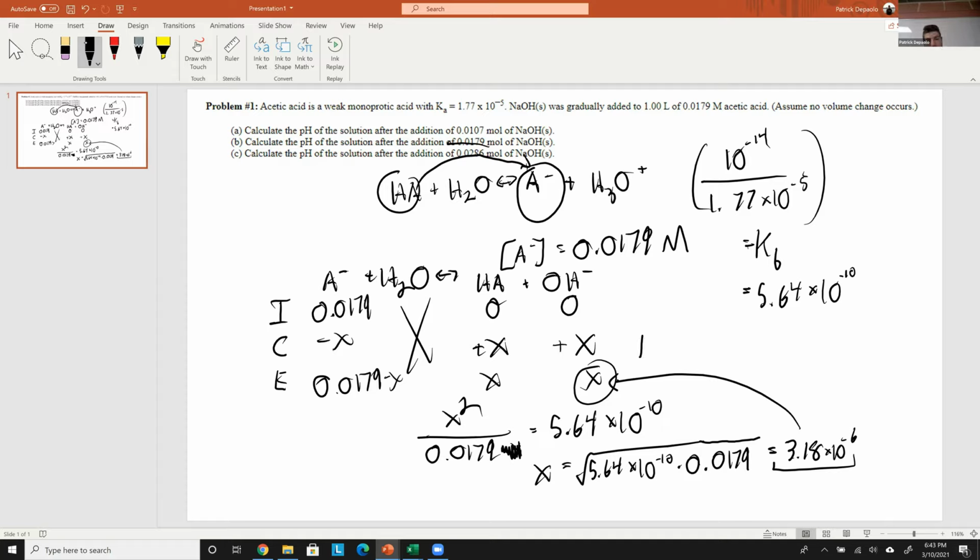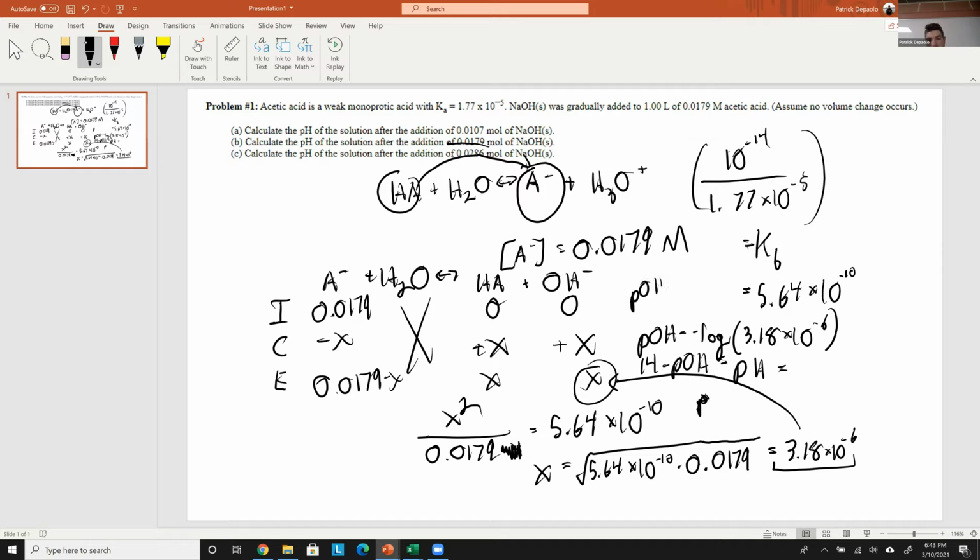So pOH equals negative log of 3.18 times 10 to the negative 6. And then once we solve that, we can do 14 minus the pOH, which will equal our pH. So can someone tell me the pOH? And then can someone else tell me the pH?